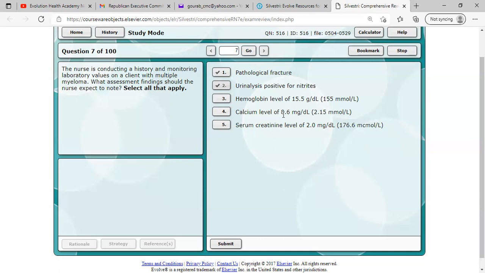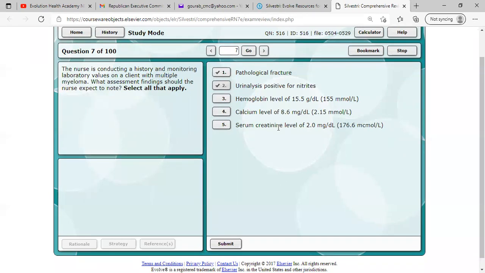Calcium level 8.6. The patient has a chance to develop hypercalcemia. So anemia is more common, bleeding is more common, hypercalcemia is more common. So number 4 is not an answer, right? And also serum creatinine level 2.2.